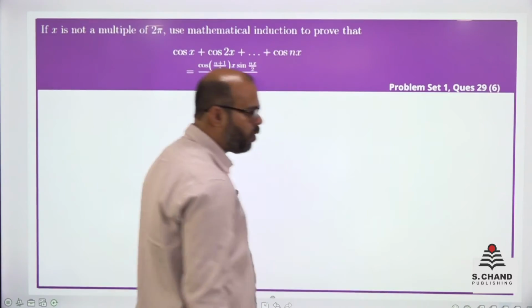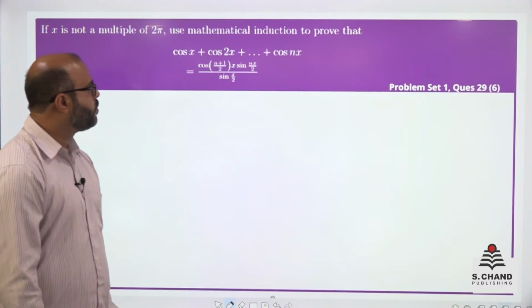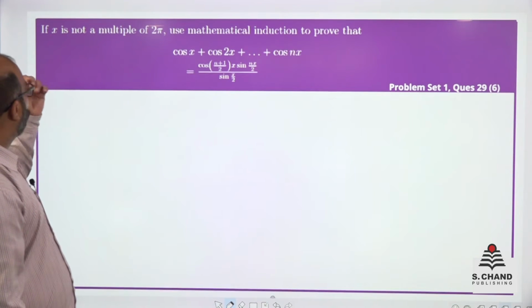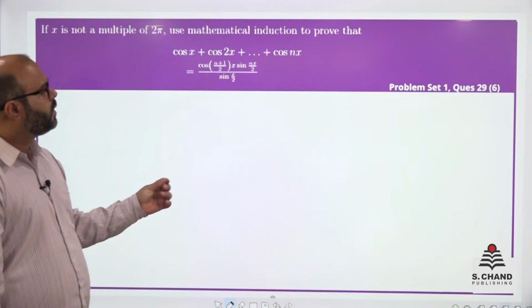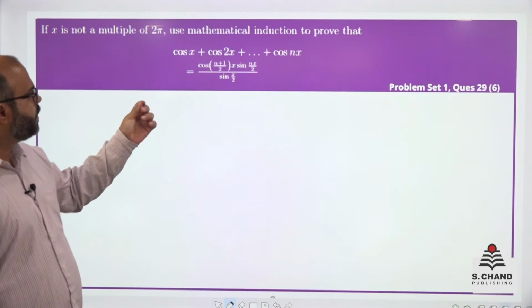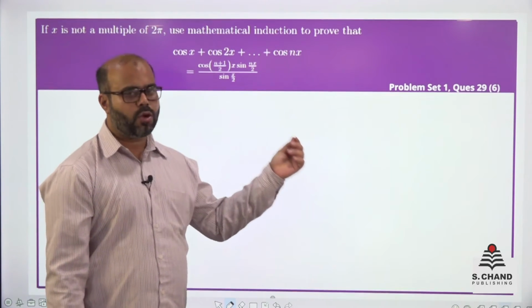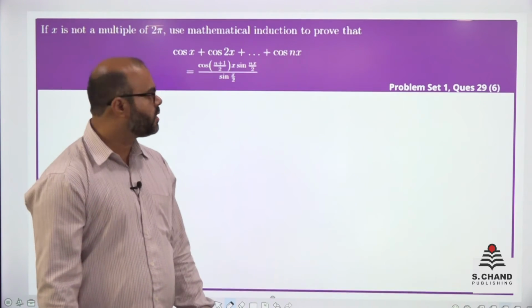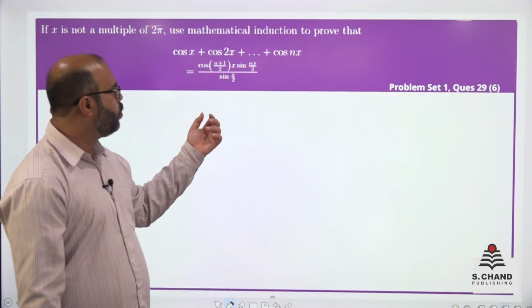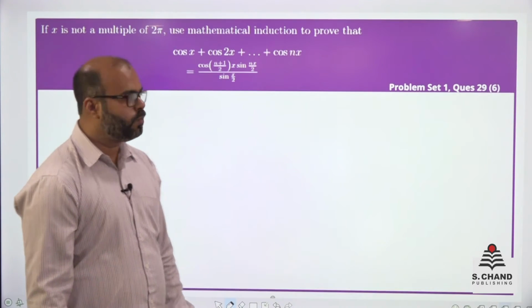So this is true for all n belonging to natural numbers. Next question: if x is not a multiple of 2 pi, use mathematical induction to prove that cos x plus cos 2x and so on till cos nx is equal to cos of ((n plus 1) by 2)x into sin(nx by 2) divided by sin(x by 2).